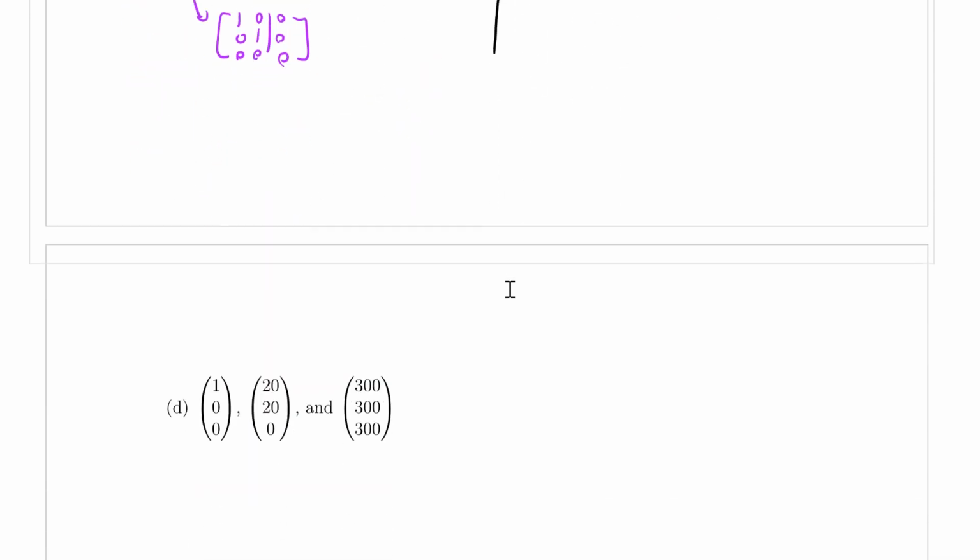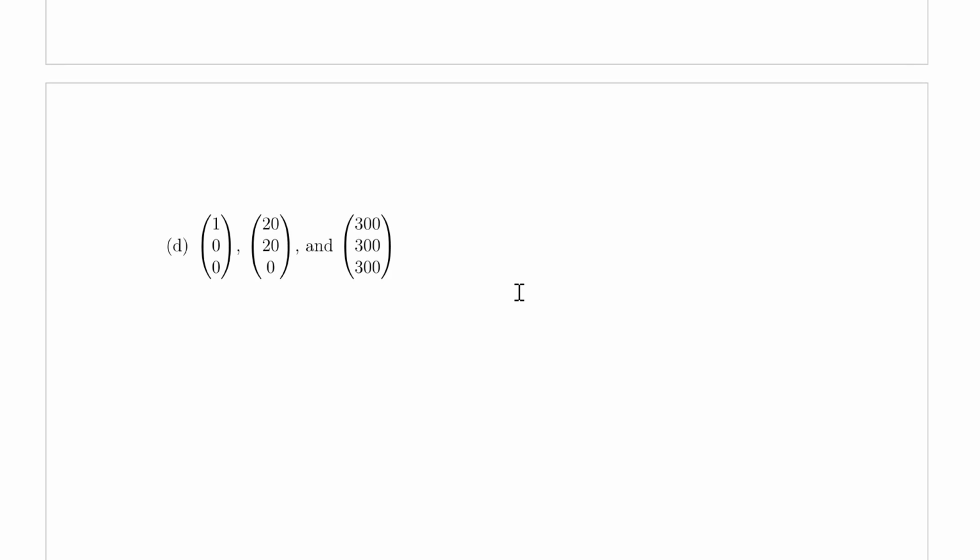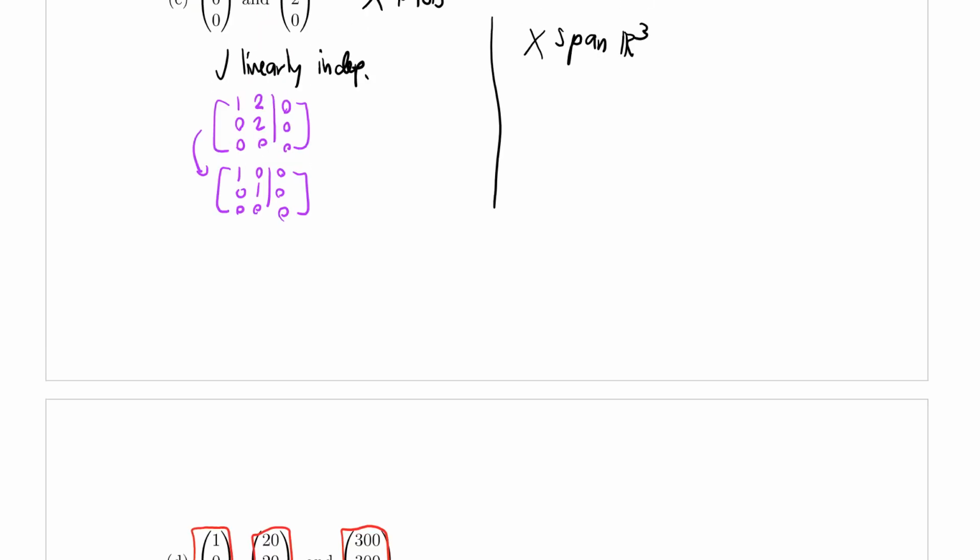Okay, let's move on. For part D, I have 1, 0, 0, 20, 20, 0, and 300, 300, 300. Notice how these 3 vectors are just scaled versions of what we saw before.